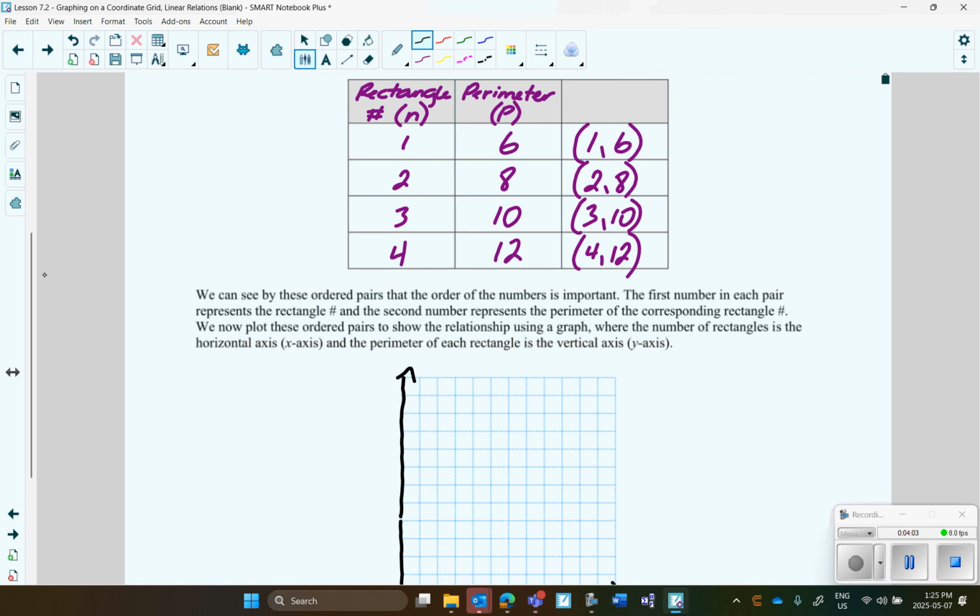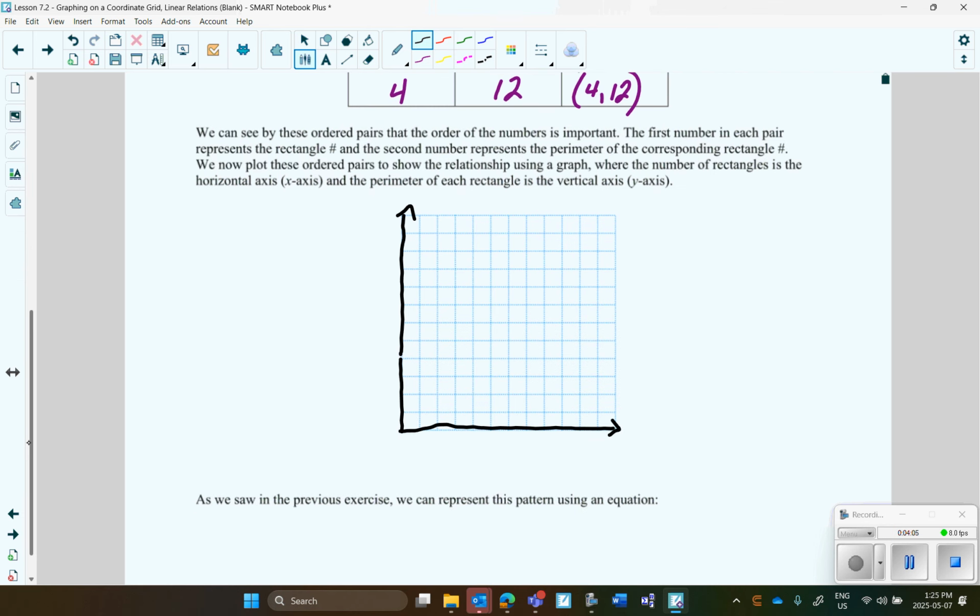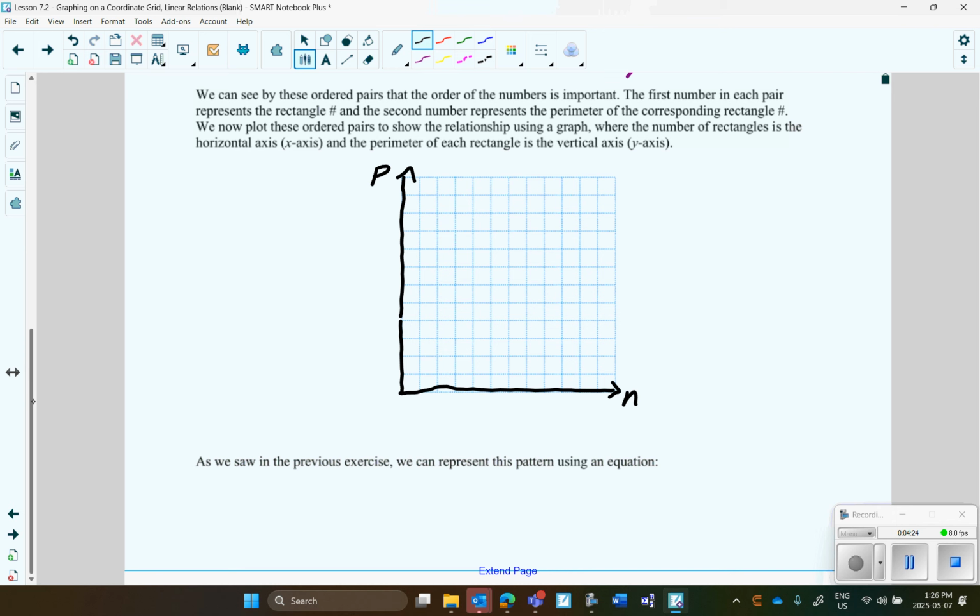So it's called N in this one, but we treat it like X. The vertical axis is normally called Y, but here it's called capital P. So we have to label each axis. This is the figure number, and this is the perimeter.